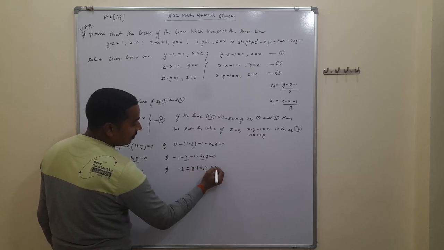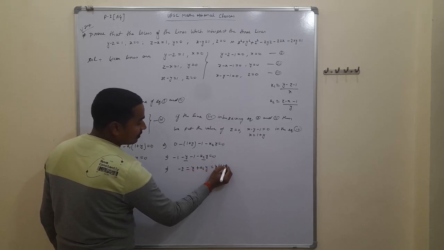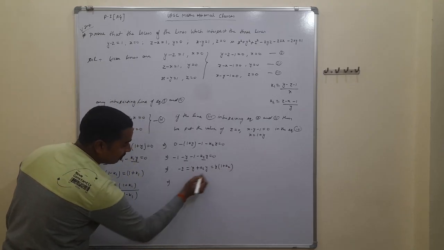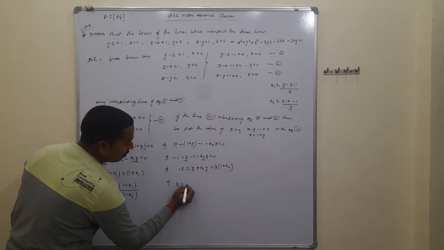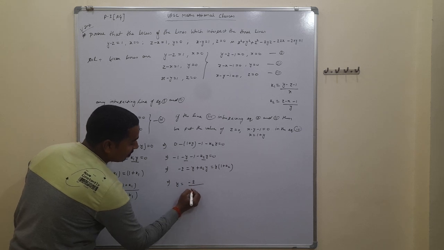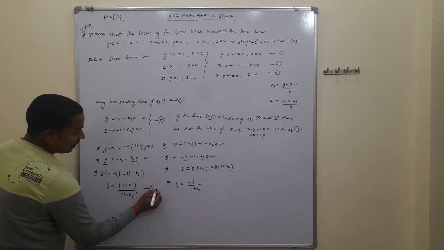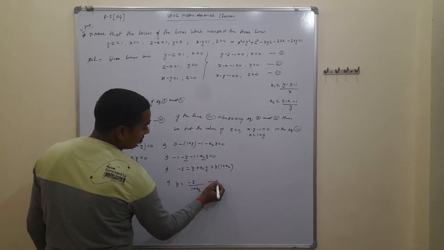From here we take common y, that is 1 plus k2, and we find the value of y, that is y is equal to minus 2 upon 1 plus k2. Let this be equation 5th and this be equation 6th.